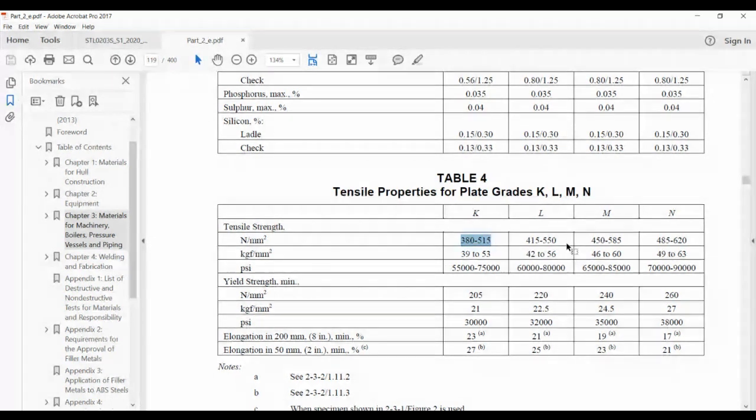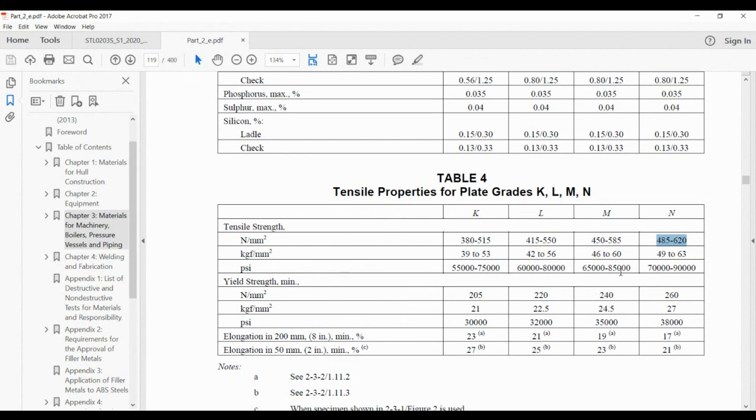L is different. This is UTS. Grade N has, of course, a high strength. If you look at the yields as well, it increases with K, L, and N. They increase due to the chemical composition. Some of them might have more carbon than the others.